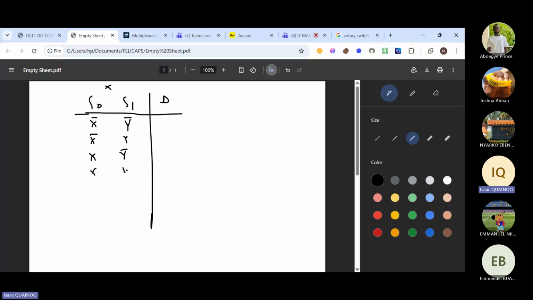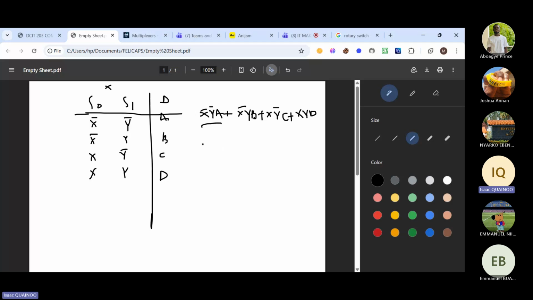We are going to have X and Y. So here you are going to have A, B, C, and D. So you are going to have X prime Y prime times A. And you are going to have X prime Y times B, plus X Y prime times C, plus X Y times D, right?